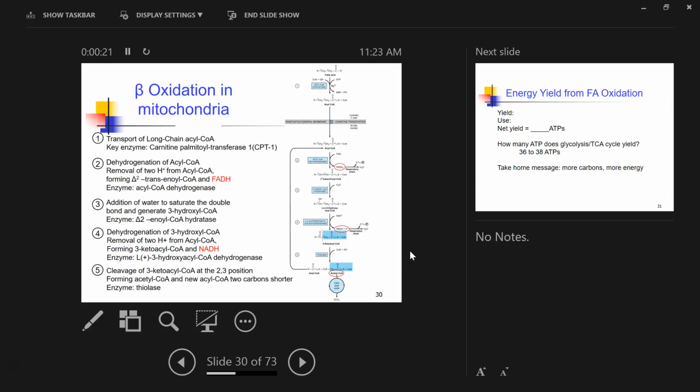And you also need to remember how many FADH2 or NADH are generated, and that can help you calculate the ATPs from one molecule of fatty acid oxidation, or something like this.